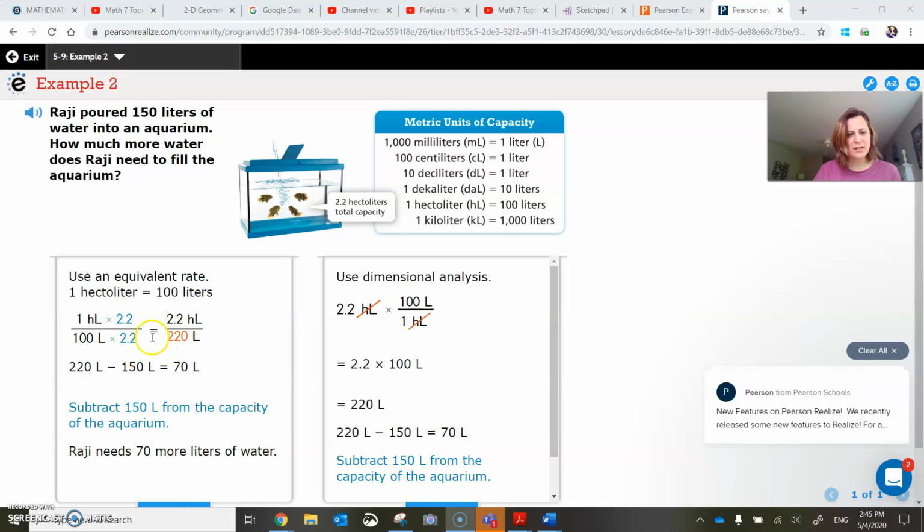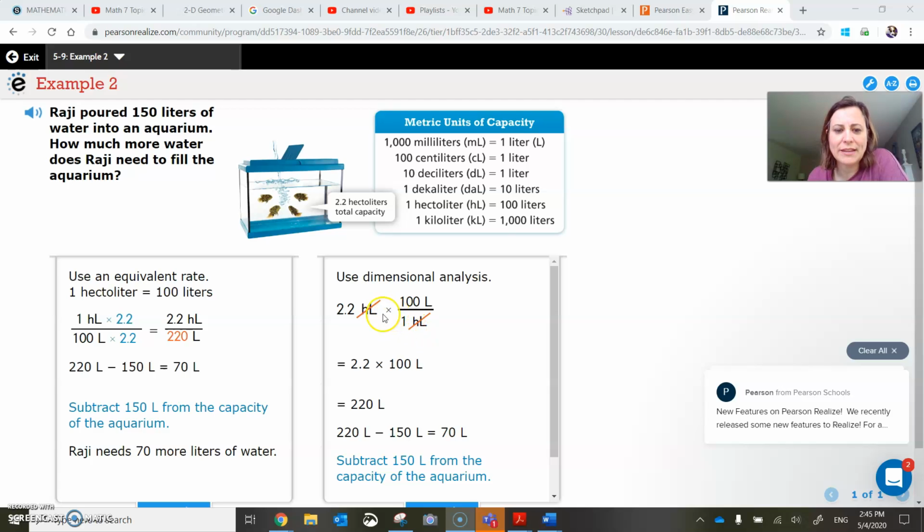In this one, notice the equal sign in the middle. When the equal sign is in the middle like that, then the fraction on the left and the fraction on the right, where if you put the liters on bottom, it's in the bottom on both of them. The other way to do it over here when you're using dimensional analysis is the one where if hectoliters are in the numerator, then they're going to be in the denominator on the other fraction.